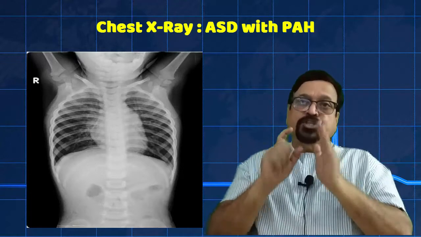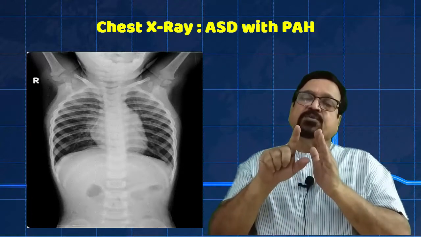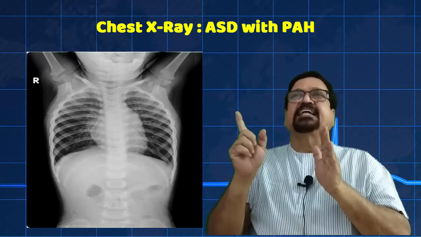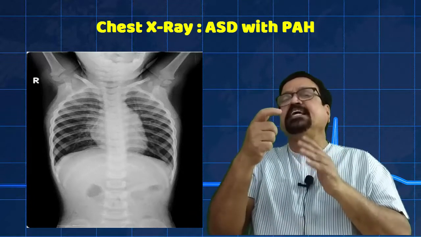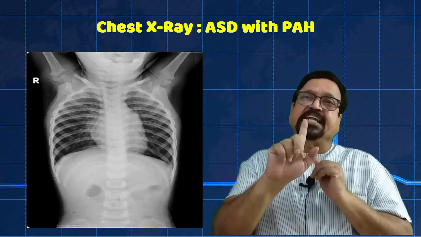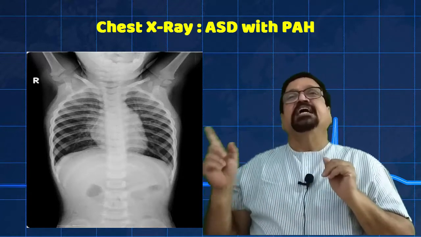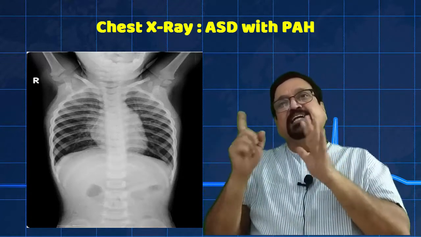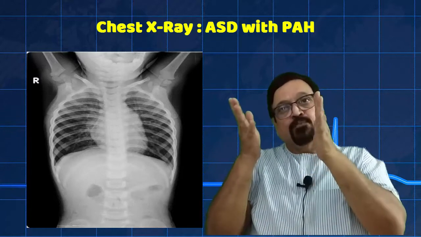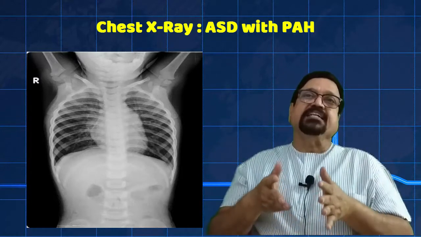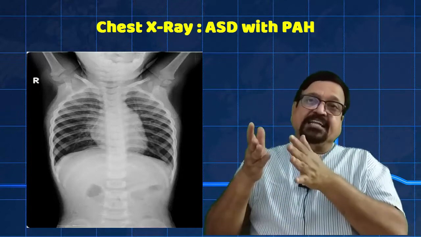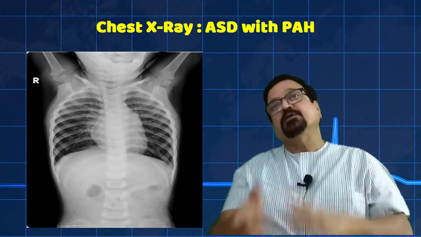So to push the blood, it has to push either into the ventricular side, that is from the right atrium, it has to go to the right ventricle. Instead of that, it leaks to the left atrium, and the left atrium, because there is more pressure, more blood will remain in the right atrium, so it has to push more blood to the right ventricle, and ultimately it overloads the pulmonary artery.